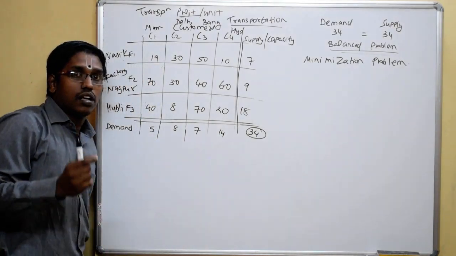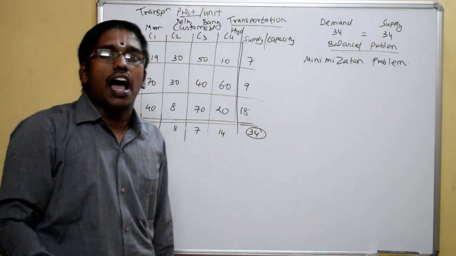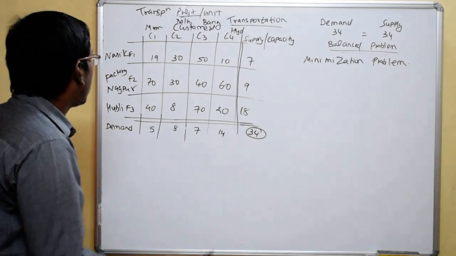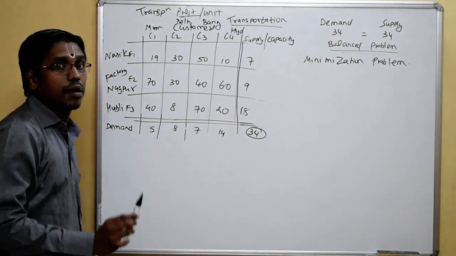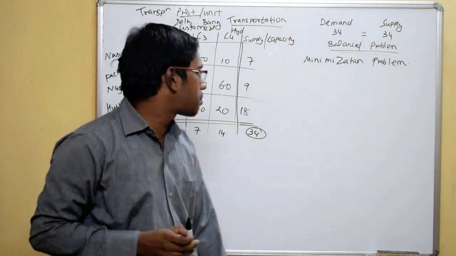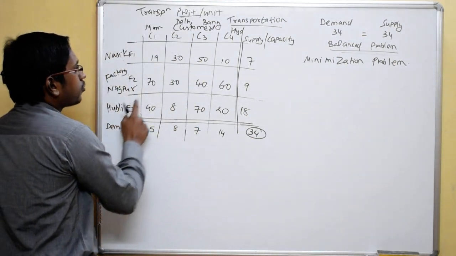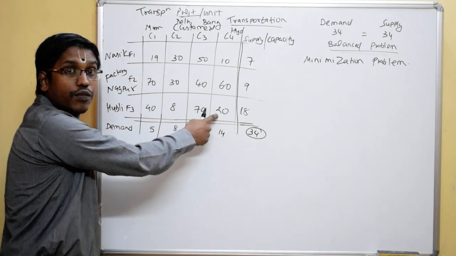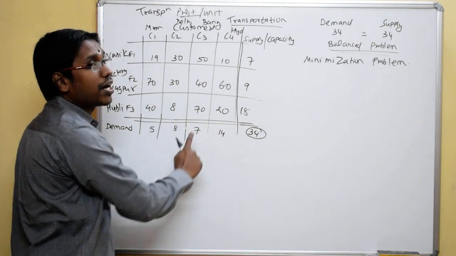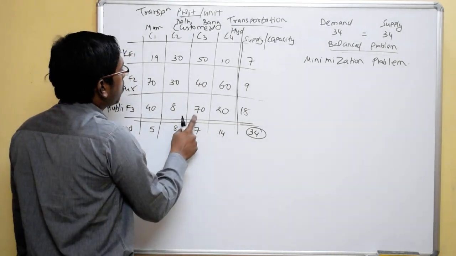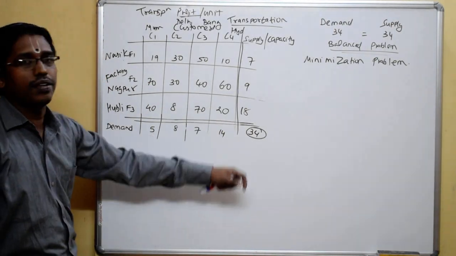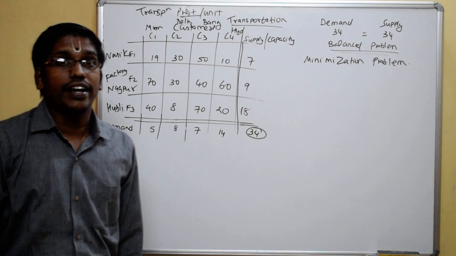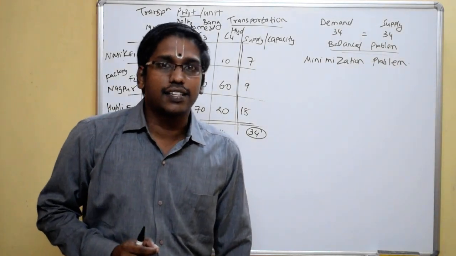Which means the company's product has got the capacity to earn, let's say the maximum profit here is 70. The same product is able to give you 70 rupees profit. But when I transport in F3, C4, I get a profit of only 20. Which means compared to the maximum profit, 70 minus 20, what I lose is 50 rupees. So what is this 50? It is opportunity lost, it is regret.